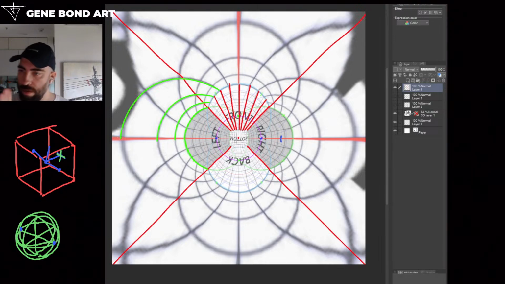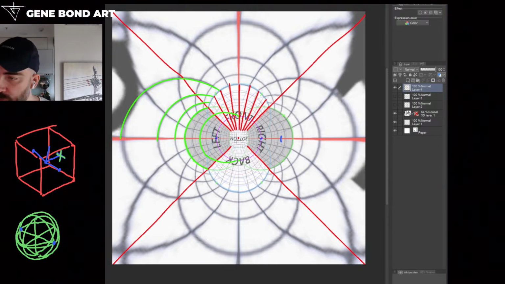It shows another degree of angle. If this circle here is 45, then this one is about 30.